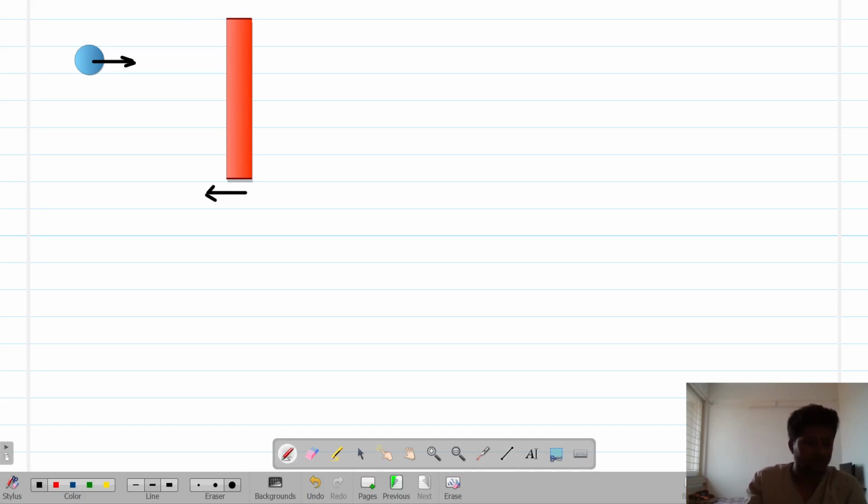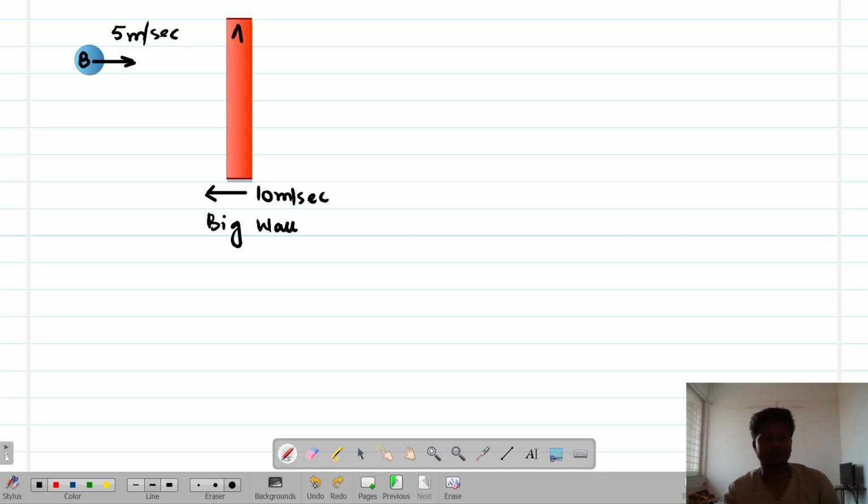This was moving with velocity 10 meter per second, and the wall was moving with velocity 5 meter per second. Treat this as A and this as B, our normal convention. Are you able to get me or not?